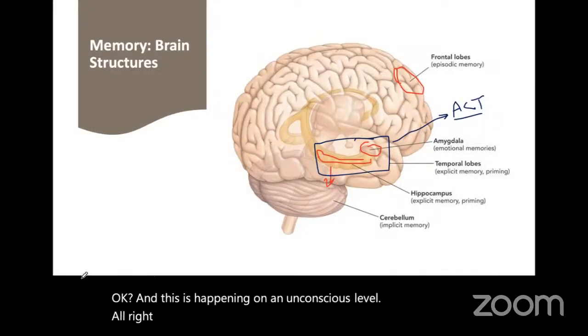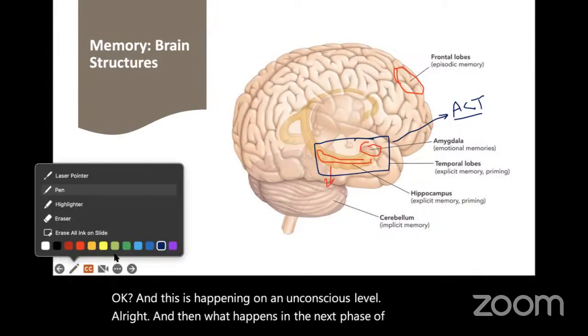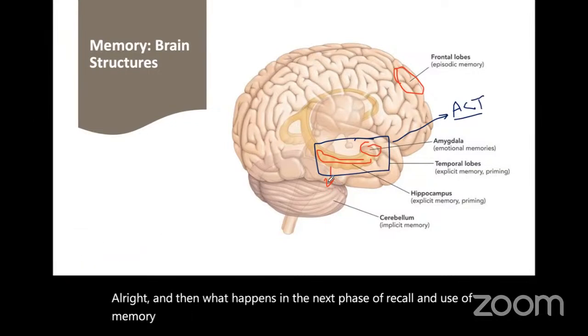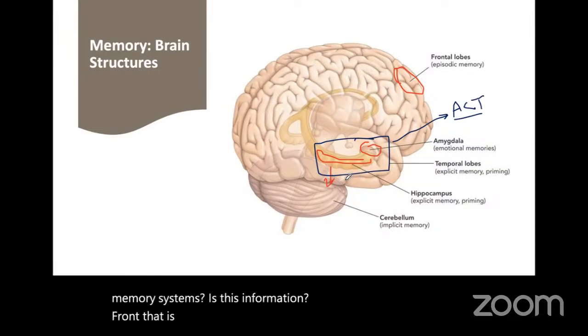And then what happens in the next phase of recall and use of memory systems is that this information preparing us to act goes to the frontal lobe, the temporal lobe, or the cerebellum, okay?